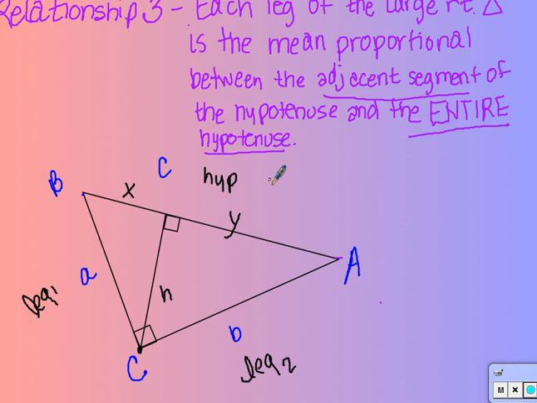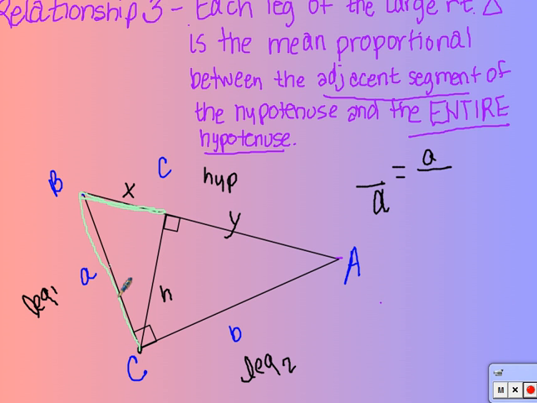Okay, and so basically what it says is each leg, so leg 1, A, is the mean proportional between the adjacent segment of the hypotenuse. So if I go and find the adjacent segment of the hypotenuse to this leg, it's talking about this segment that it's connected to. That's what adjacent means.